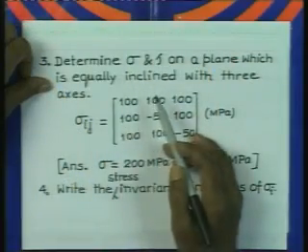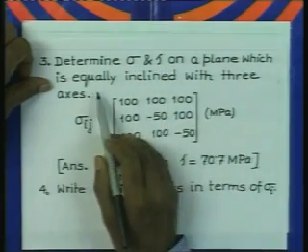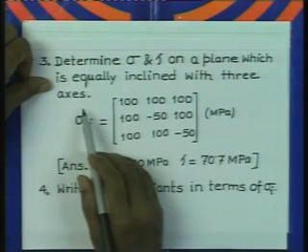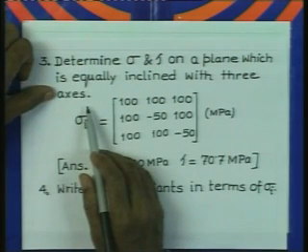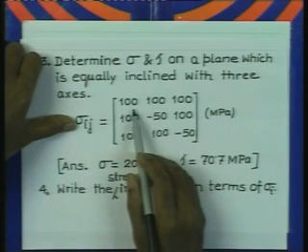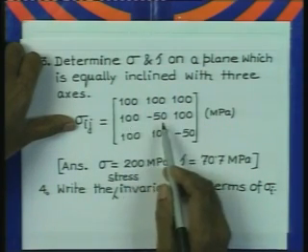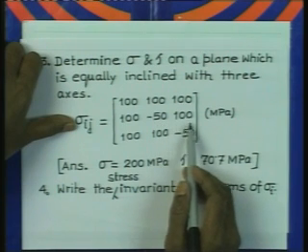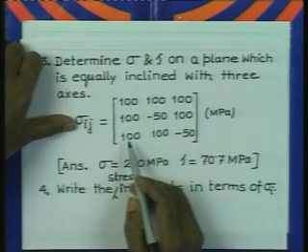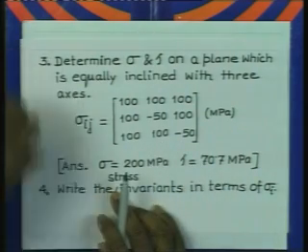Similarly, determine the stresses sigma and tau on a plane which is equally inclined with the three Cartesian axes, and here the stress tensor is given by 100, 100, 100 MPa; 100, minus 50, 100 MPa; 100, 100, minus 50 MPa.